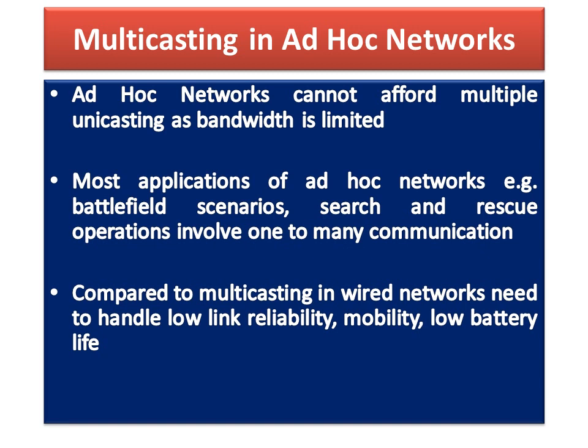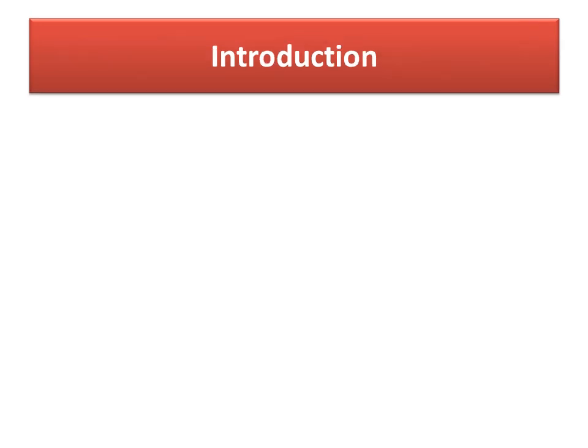So all these are the extra problems that you're going to have compared to a traditional multicast routing protocol that you design for wired networks. So we will have to have proactive and reactive approaches like the same unicast design that you saw, but in addressing the same message to receivers.